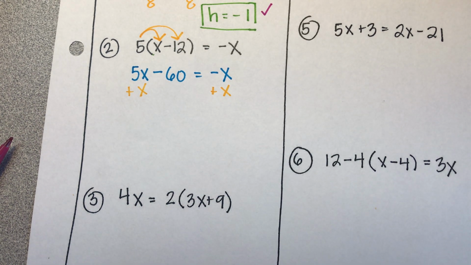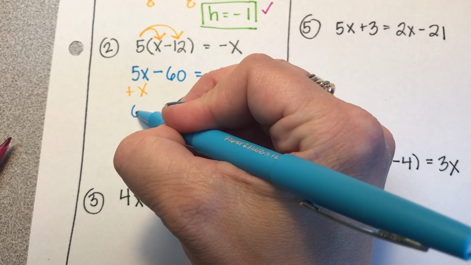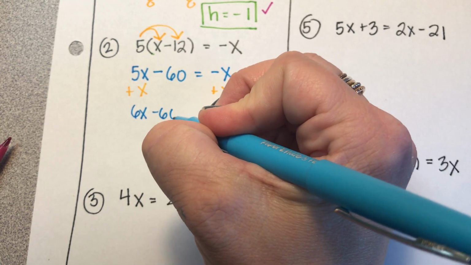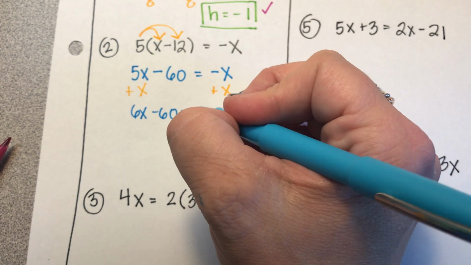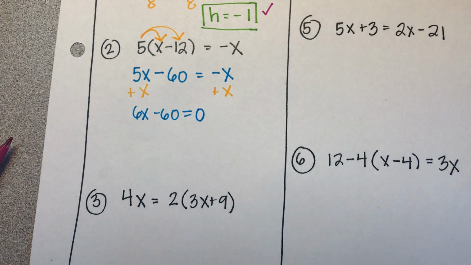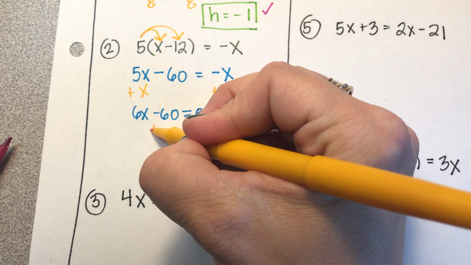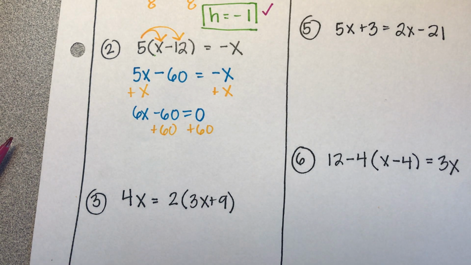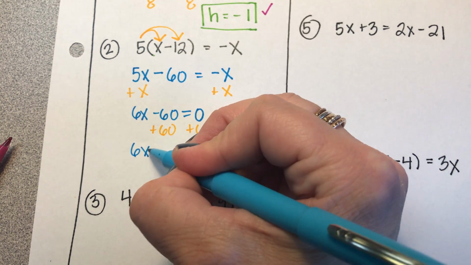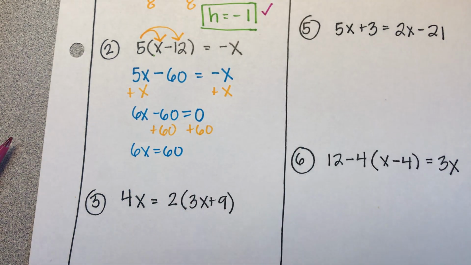So over on the left now, I have 5x plus x, which is 6x, minus 60. What's left over here? Is it just empty? It's 0. And so now we're going to add 60 to both sides. It's just a two-step equation. So 6x is 60.